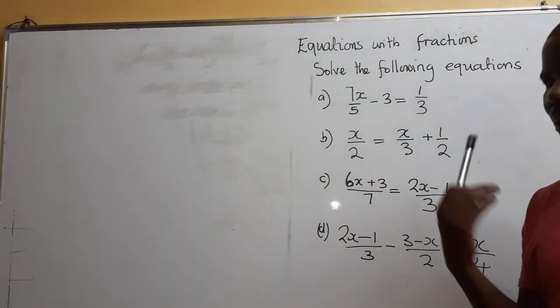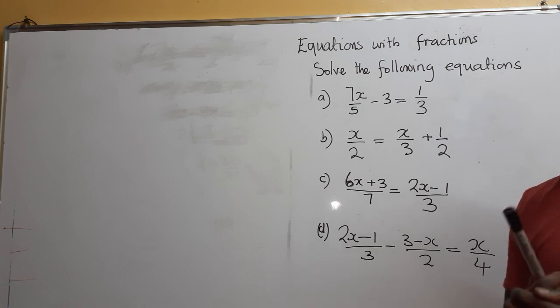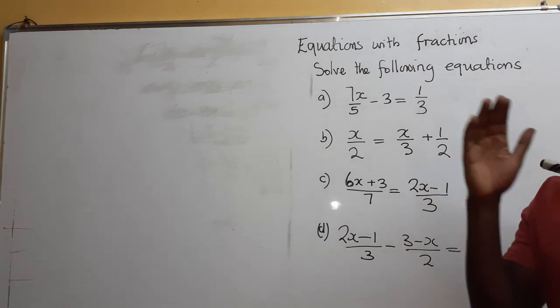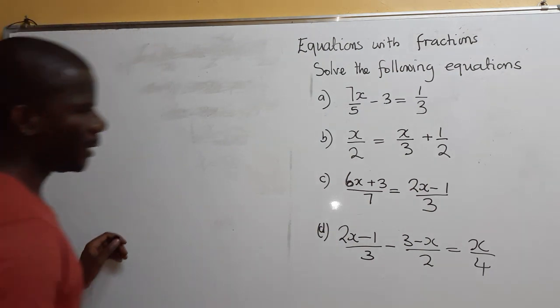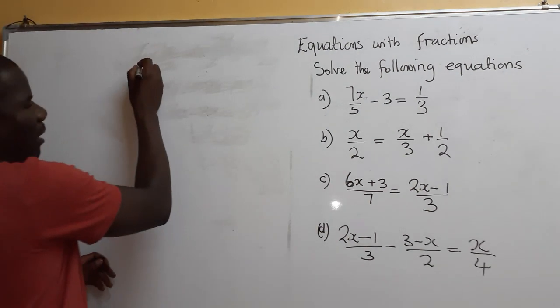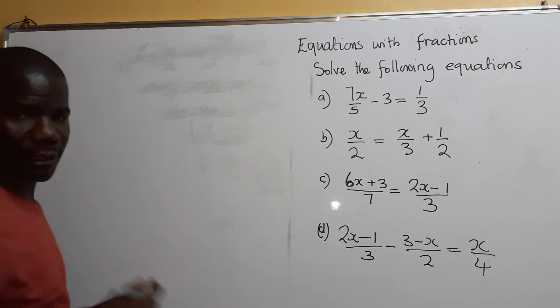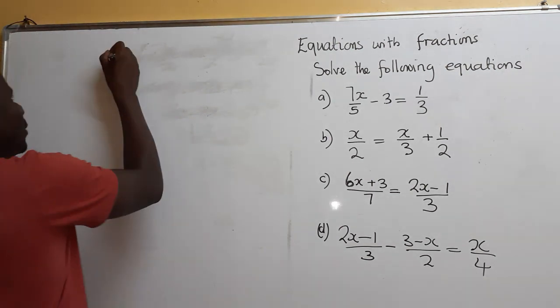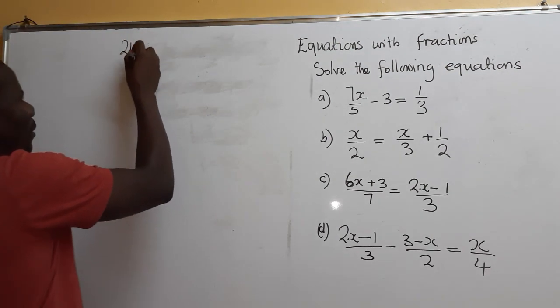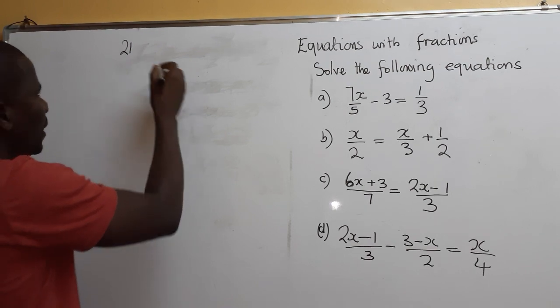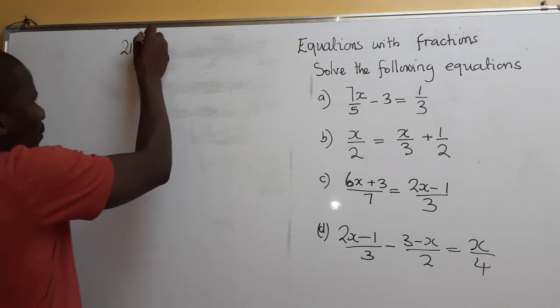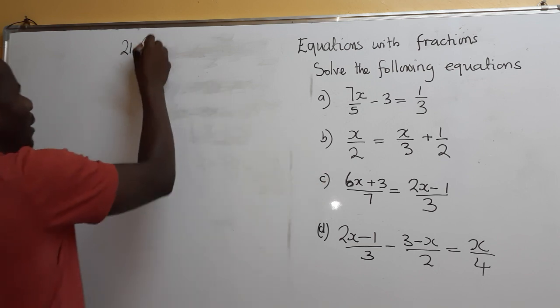You will discover that the lowest common multiple of 7 and 3 is 21. So we multiply each one of them by 21. Please pay attention. If you want, we can put everything here in brackets.